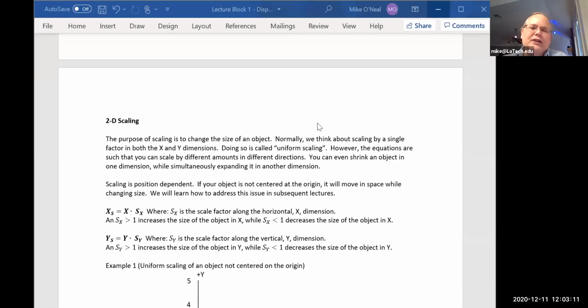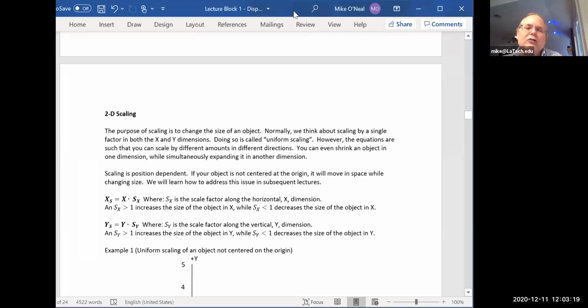But like I said, there's non-uniform scaling where you're changing by one factor in X and maybe another factor in Y, and if we're talking 3D, you have another factor in Z. With uniform scaling, you're changing all of them by the same amount. So in uniform scaling, we have some uniform scale factor, call it S for scale.